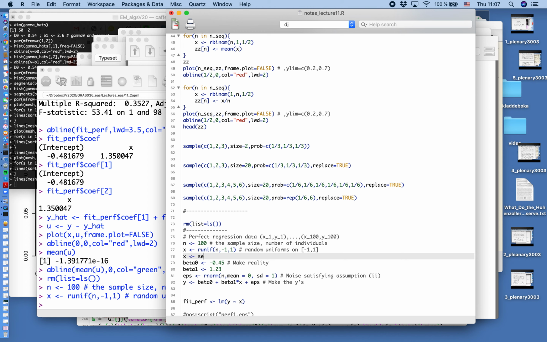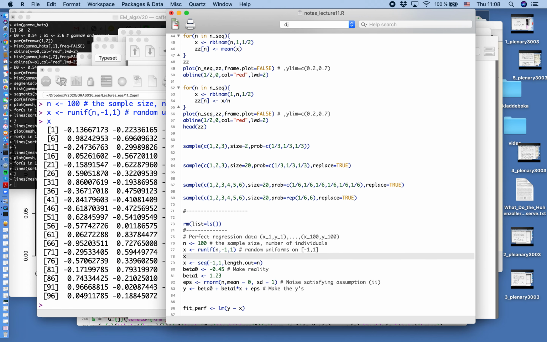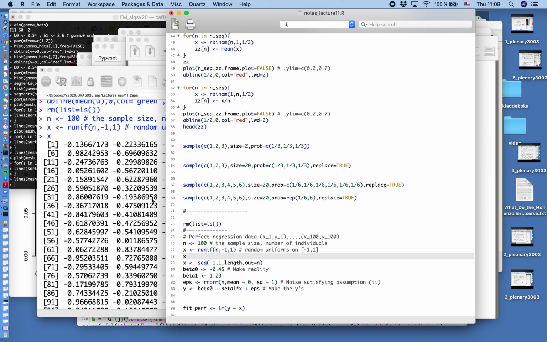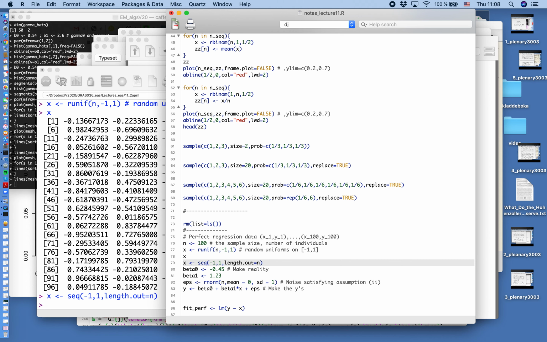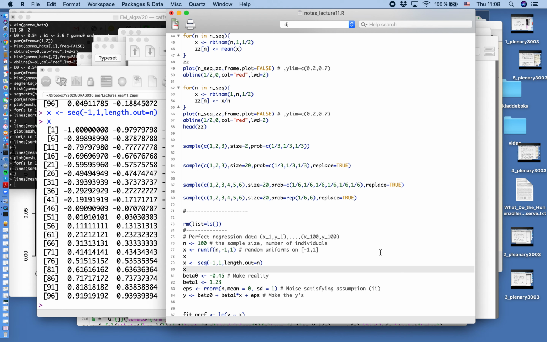For example, if you want numbers between -1 and 1, you could do this, and that would give you numbers that are evenly spread on this interval. If you look at these x's, we just drew some random numbers between -1 and 1. If we instead make our x like this, we get numbers that are evenly spread from -1 to 1. You can do whatever you like here.